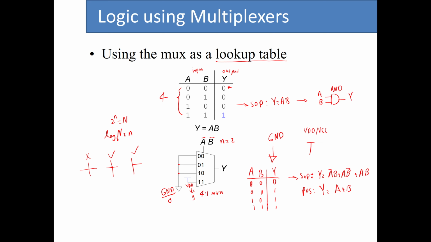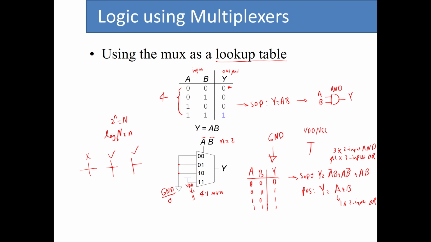So if I want to implement the sum of products, I need three 2-input AND gates and one 3-input OR gate. For this one, to implement it, I needed only one 2-input OR gate.